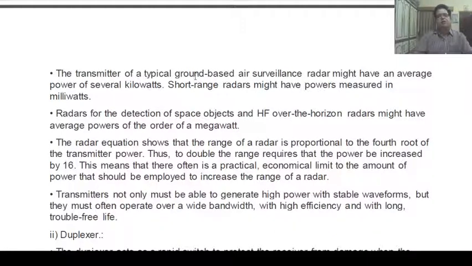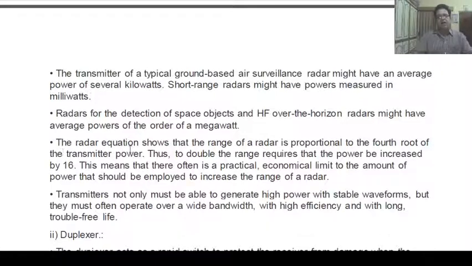The transmitter of a typical ground-based air surveillance radar might have an average power of several kilowatts. Short-range radars might have powers measured in milliwatts. Radars for the detection of space objects and high frequency over-the-horizon radars might have average powers of the order of megawatts.